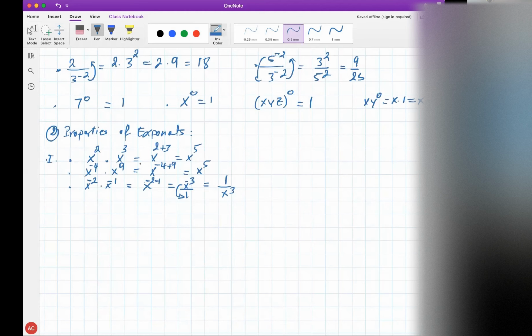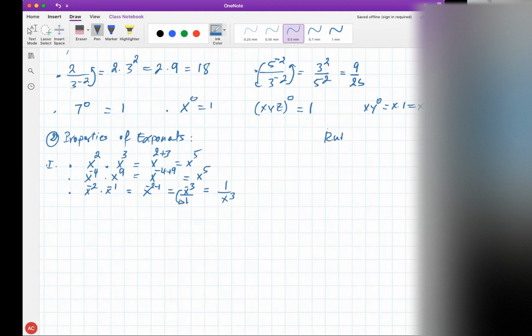Okay, so that's basically the first rule of exponents. Let me write the rules for you here separately. There's again about 6 or 7 of them. We're going to list all of them, summarize all of them. So, rules of exponents, also called the rules of powers. Powers and exponents mean the same thing.